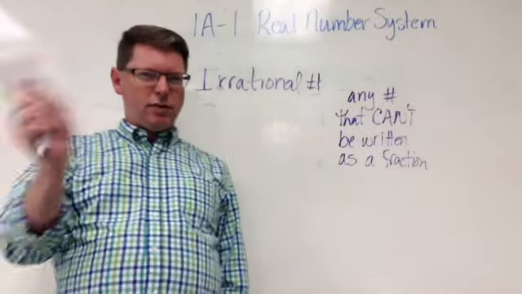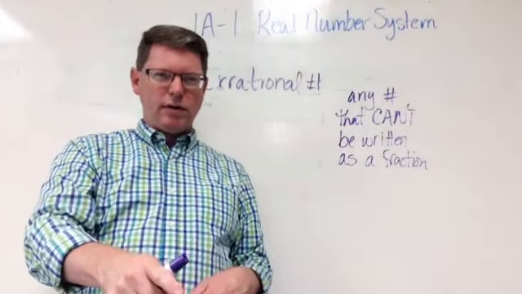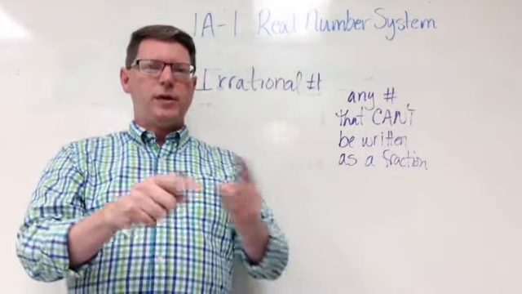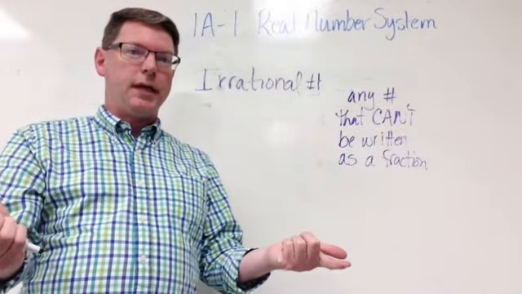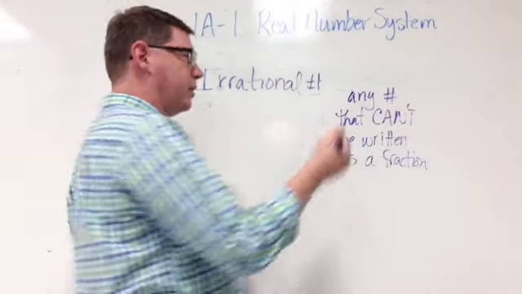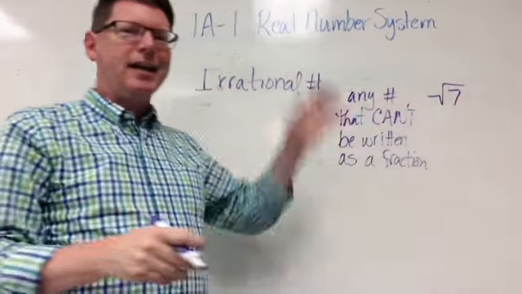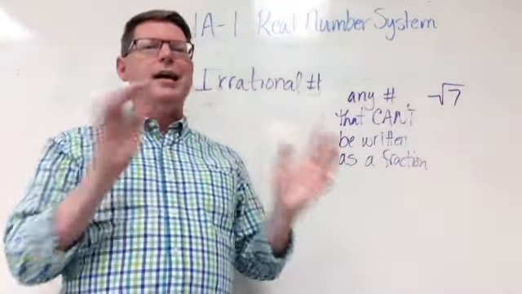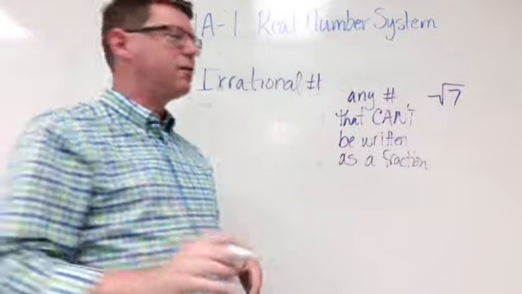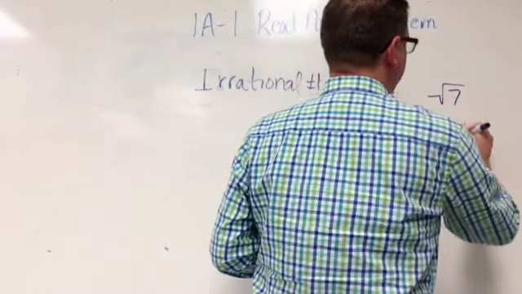So you're probably thinking, well, we just looked at some numbers that couldn't be written as fractions, so those must be irrational numbers. You're exactly right. What were they? Sure were. One example is the square root of 7. Okay? I can't make that into a fraction any day, anyhow. And the other one was pi.